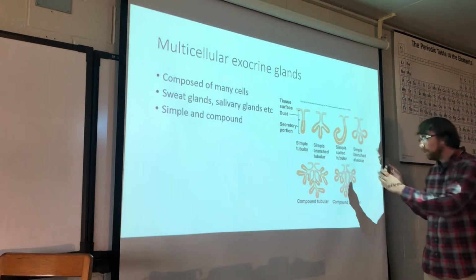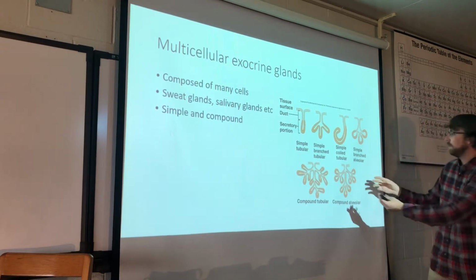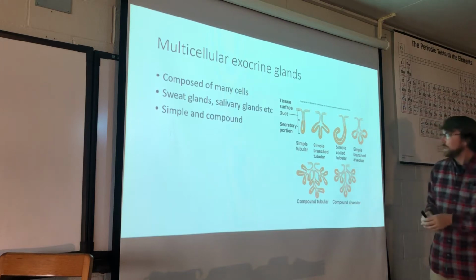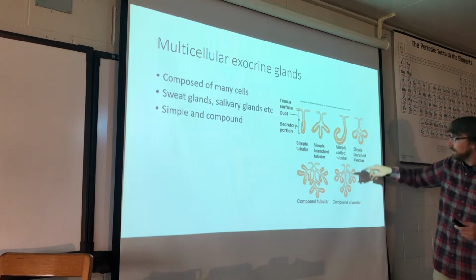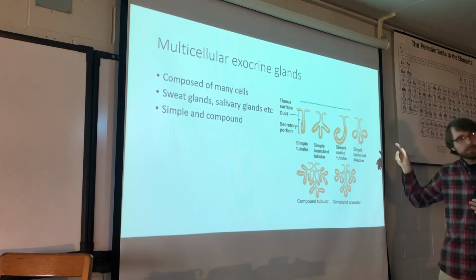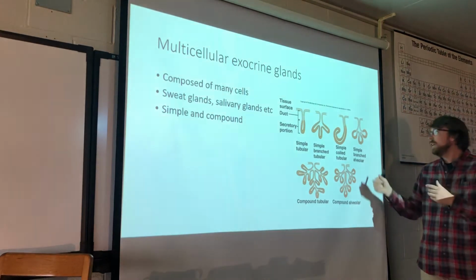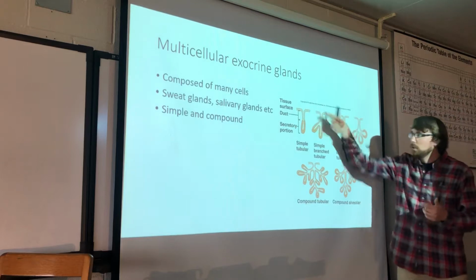Others have more and more branching. We then have these compound glands where there are many passageways joining up together. The darker areas are the part that's doing the secreting. The lighter area in the illustration is the part that is the duct. These are all exocrine glands because they all have a duct.